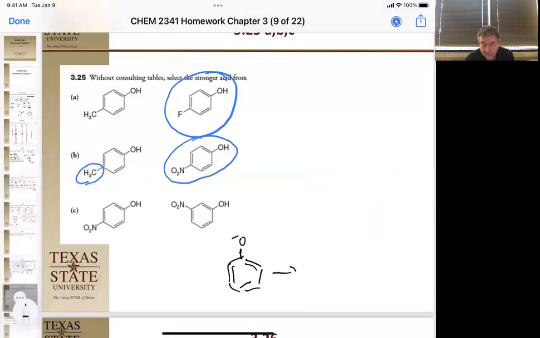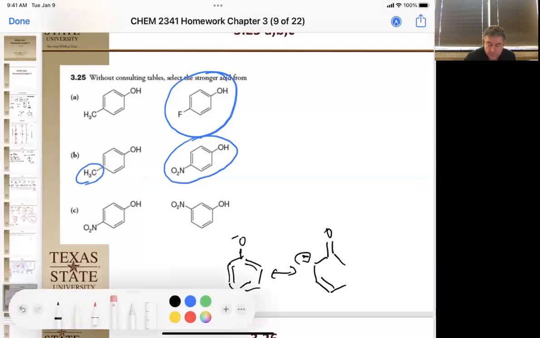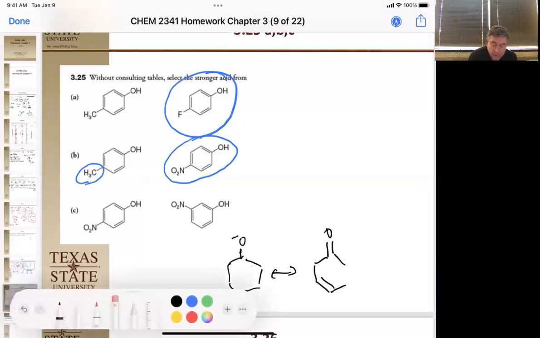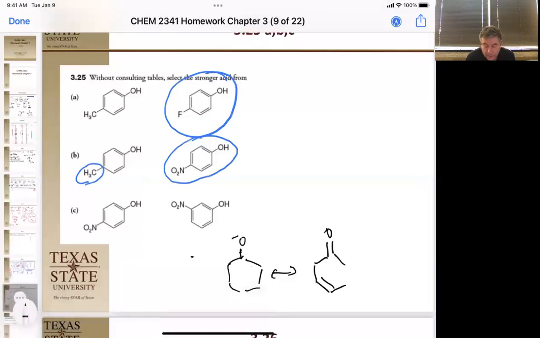We're going to do our second resonance structure where we have O with a negative charge here, and our other two double bonds haven't moved. Okay, double bond here, double bond there, double bond there.